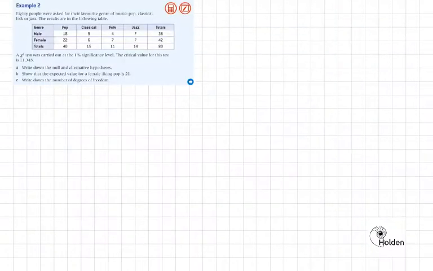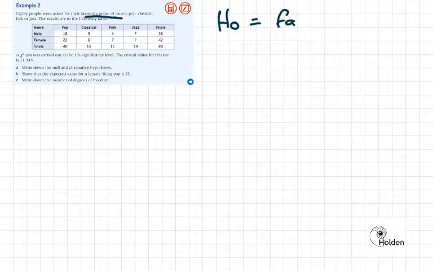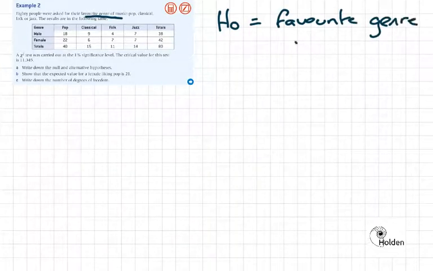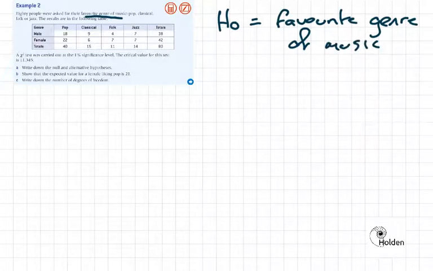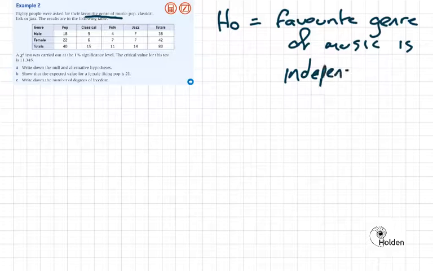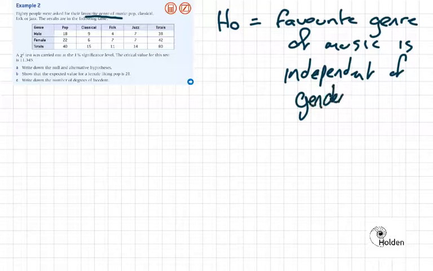So let's write down the null and alternative. Null hypothesis H0: our null hypothesis is that favorite genre of music is independent. It's a chi-squared test of independence, independent of gender, our second variable.